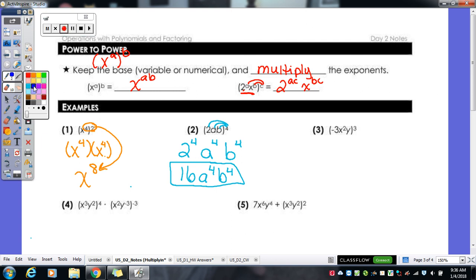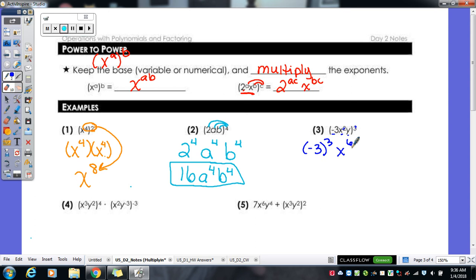So number 3, again, same thing. This exponent of 3 has to go to all 3 parts. It has to go to the -3, it has to go to the x, and it has to go to the y. So that means it becomes -3 to the 3rd, because the current exponent on your 3 is a 1. 1 times 3 makes it 3. We have an x squared, so we have to do 2 times the 3.